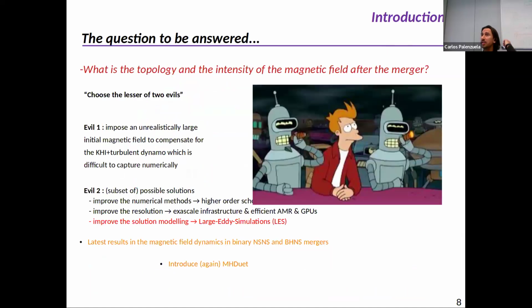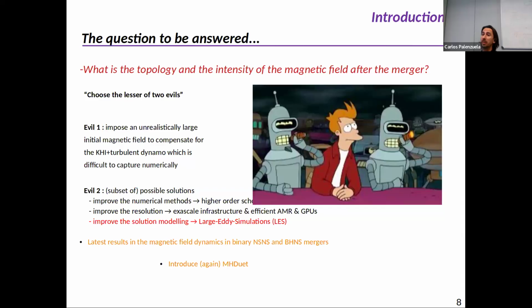So the question that I'm going to try to answer in this talk is, what is the topology and the intensity of the magnetic field after the merger? And we are in a situation where we have to choose between two bad choices. So we have to choose the lesser of two evils. Either we impose an unrealistic large initial magnetic field to compensate for this turbulent dynamo that we cannot capture, or we have to do some extra work and improve our solutions in different ways.